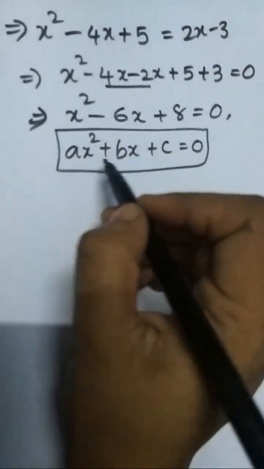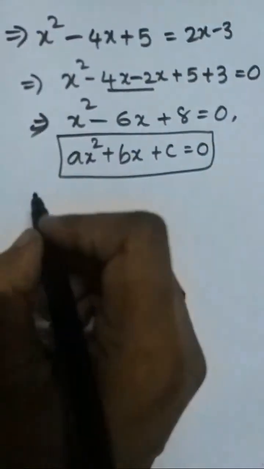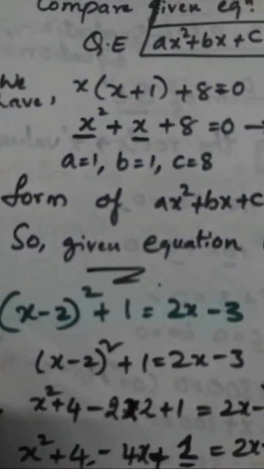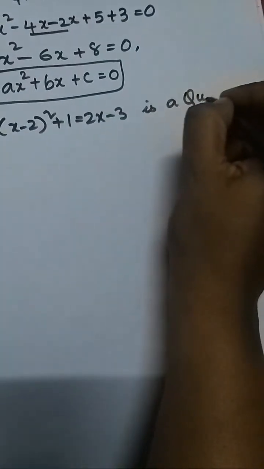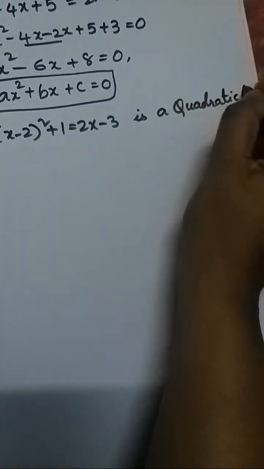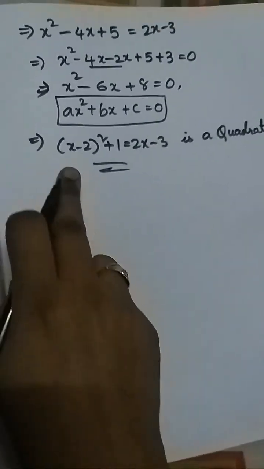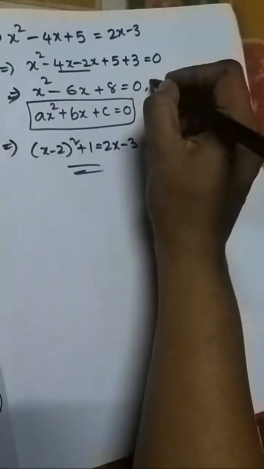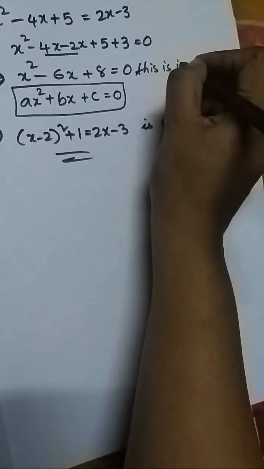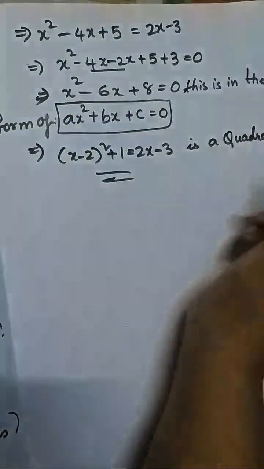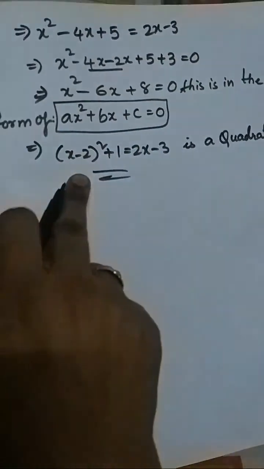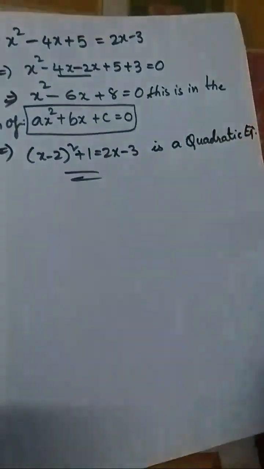So the given equation, that is (x minus 2) whole square plus 1 is equal to 2x minus 3, is a quadratic equation. Okay, so hence the given equation is a quadratic equation. This is in the form ax square plus bx plus c equal to 0.